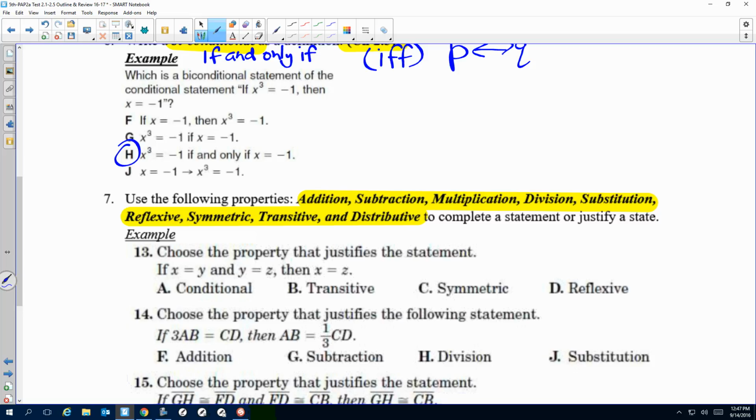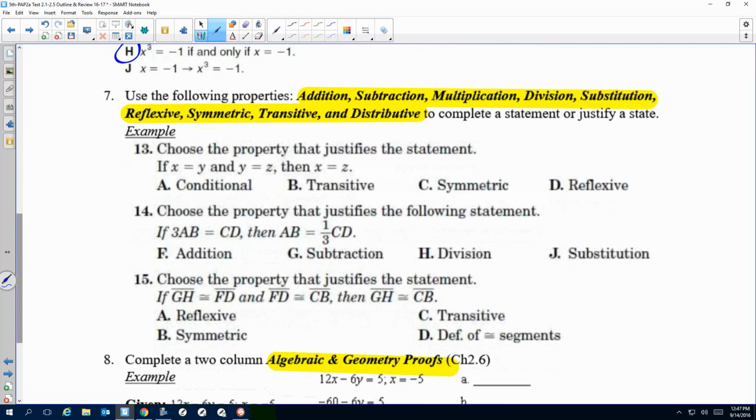All right, then we're going to make sure you know your properties. This is what we ended on the last 2 days. Addition, subtraction, multiplication properties, division properties of equality, okay? And then substitution property, reflexive. What is another way of thinking of the reflexive property? Yeah, mirror image.